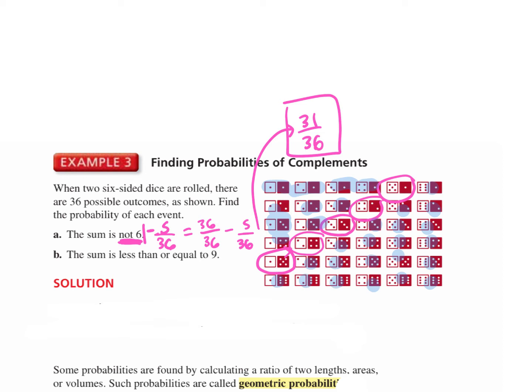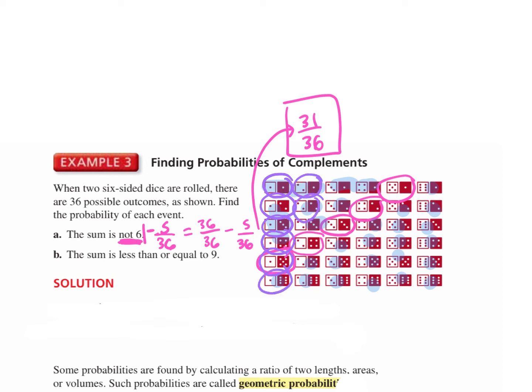Alright, so let's look at B. So B says the sum is less than or equal to 9. So let's find all the ones that are less than or equal to 9. So we have this one, this would be 7, so still less than.